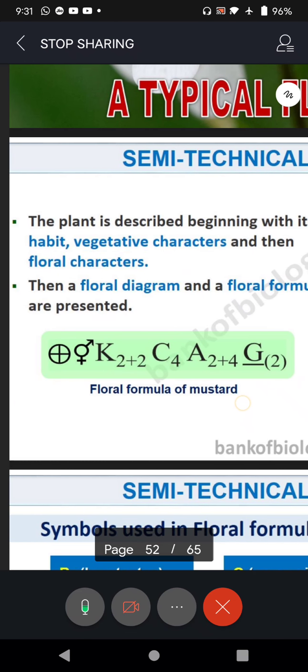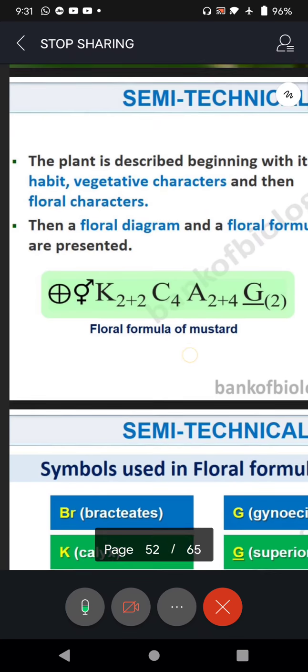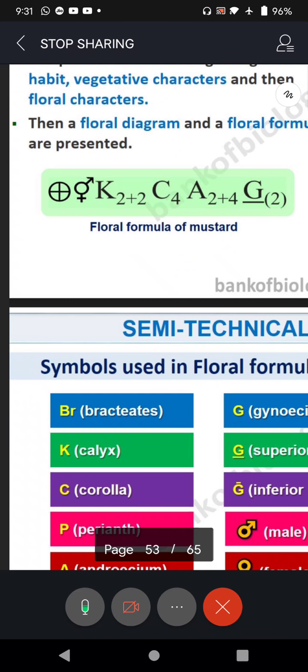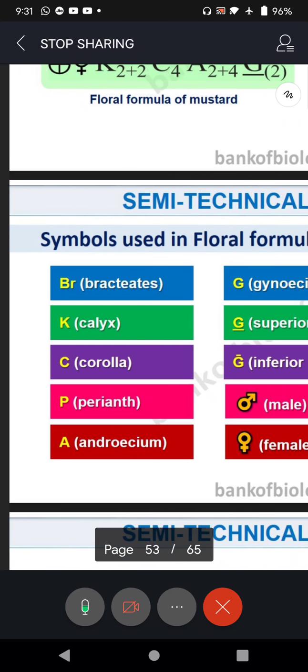Yesterday we discussed at length, and you must know the codes or abbreviations that we use, symbols that we use. As I said yesterday, when we write BR, it is bracts. Bracts and bracteoles, two are there.